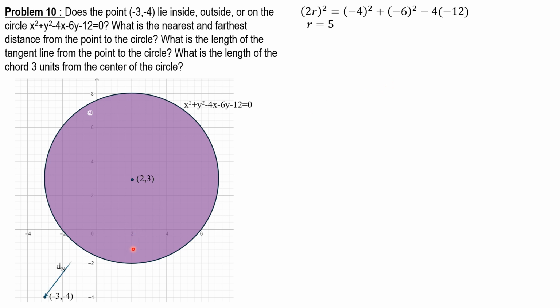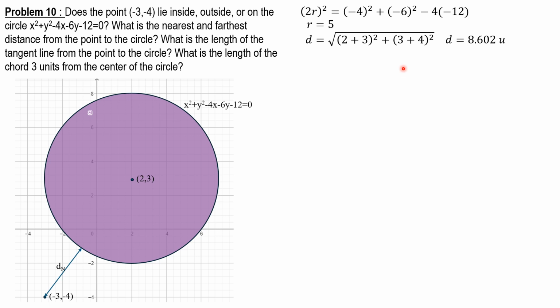Then the nearest distance is this distance here, the distance between (-3, -4) and the center, less 5 units. So d, the distance between (-3, -4) and (2, 3), by the distance formula is the square root of 2 plus 3 squared, plus 3 plus 4 squared.